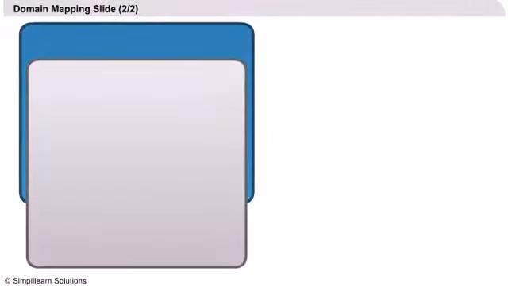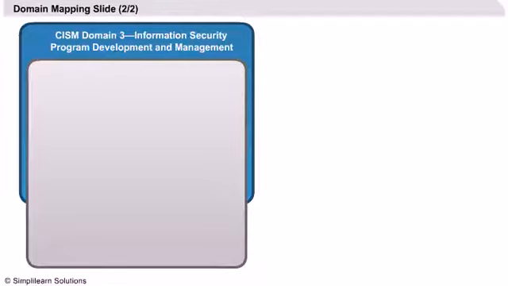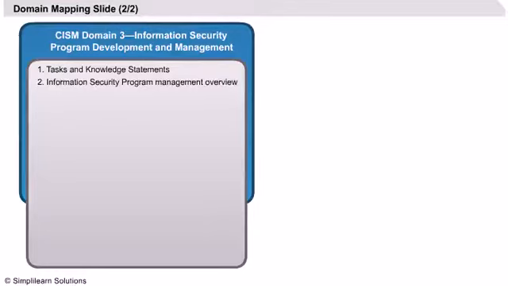This slide talks about the topics under Domains 3 and 4. Domain 3 is Information Security Program Development and Management, and the chapters under this domain are 1. Tasks and Knowledge Statement, 2. Information Security Program Management Overview, 3.